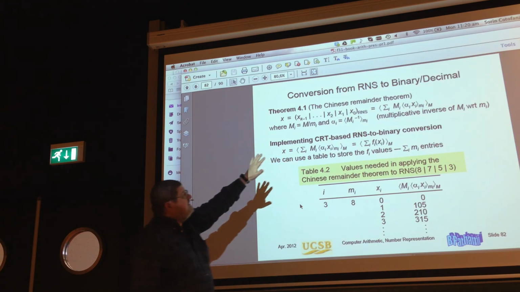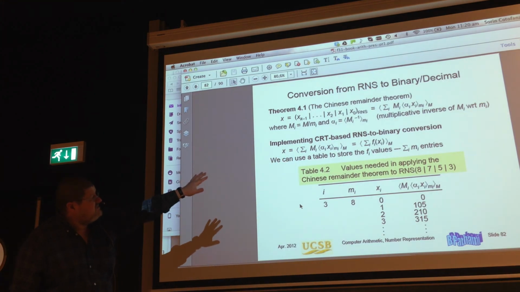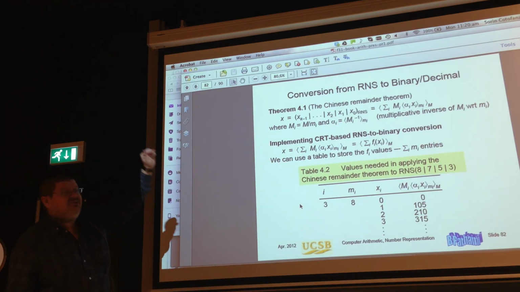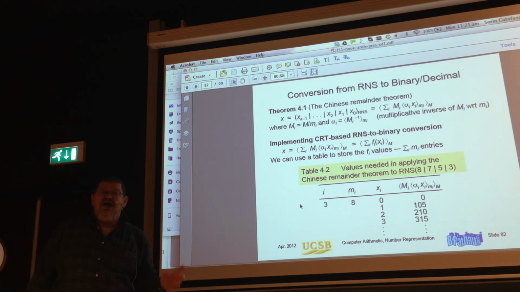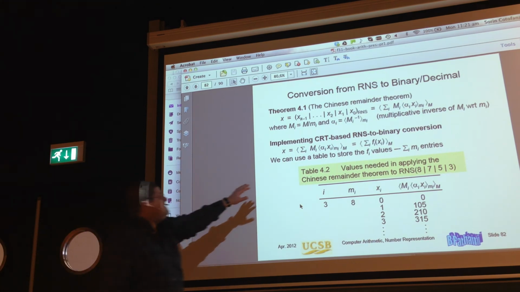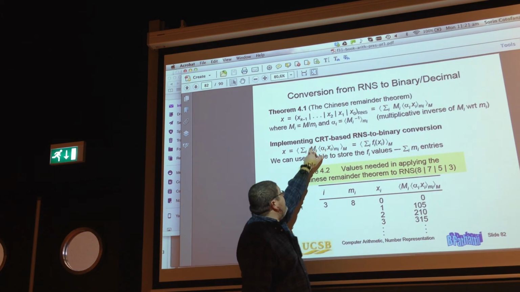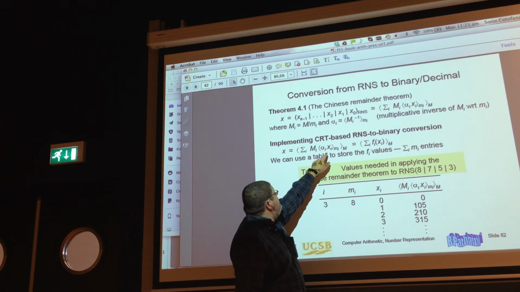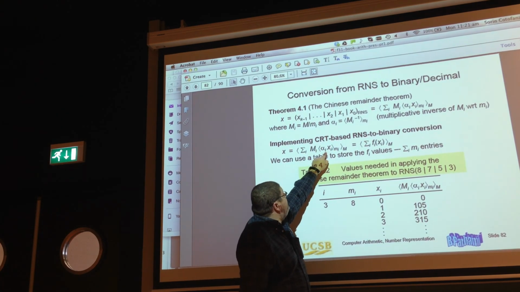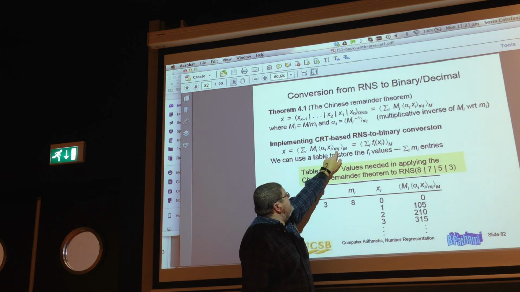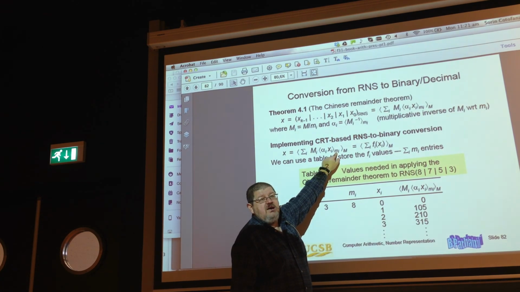Alpha I is the multiplicative inverse of MI with respect to small mi. This is also constant. I'm computing it offline. Now, because they both take part of this calculation, I compute them, and then I also compute this product, and I do it modulo mi.